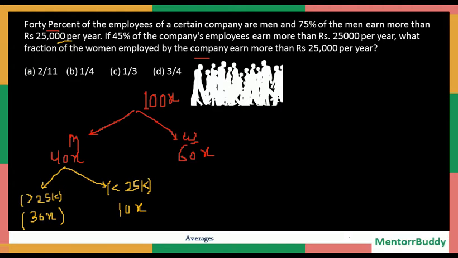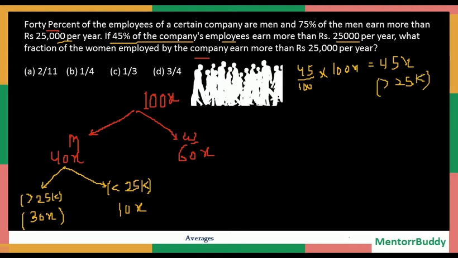Then coming to the further detail of the question, it says 45% of the company employees earn more than 25,000. This implies that out of the entire 100x, 45% of 100x goes to 45x. So 45x of the total employees earn more than 25,000.